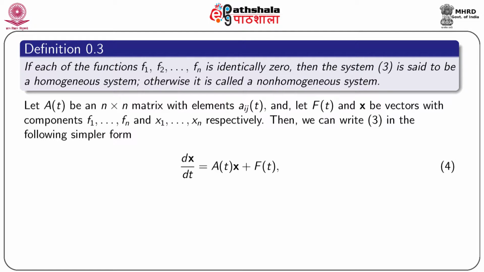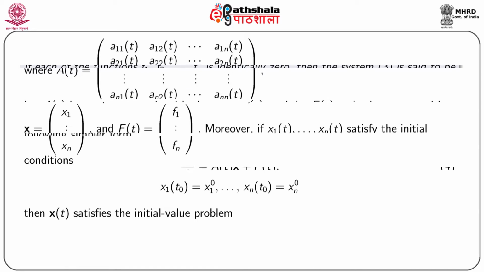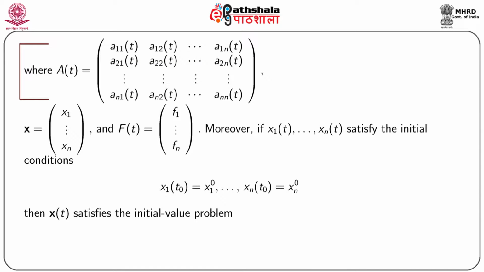Then we can write 3 in the much simpler form: dx/dt is equal to A(t)x plus F(t), given by equation number 4, where A(t) is the matrix a11 a12 ... a1n, a21 a22 ... a2n, ..., an1 an2 ... ann. All the aij's are functions of t. x is the vector x1, x2, ..., xn and F(t) is the vector f1, f2, ..., fn.